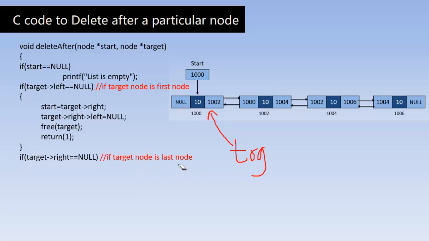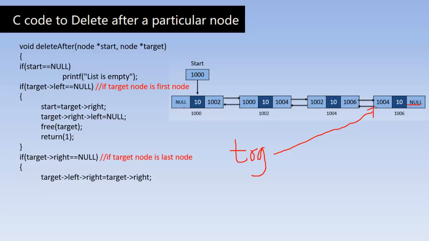If our target element is the last node, say suppose I want to delete this last node, I will check: if target arrow right equals null, then that will be the last node. From that I'll recognize that node as the last node. In that case, I will store target arrow right, which is null, inside target arrow left arrow right.